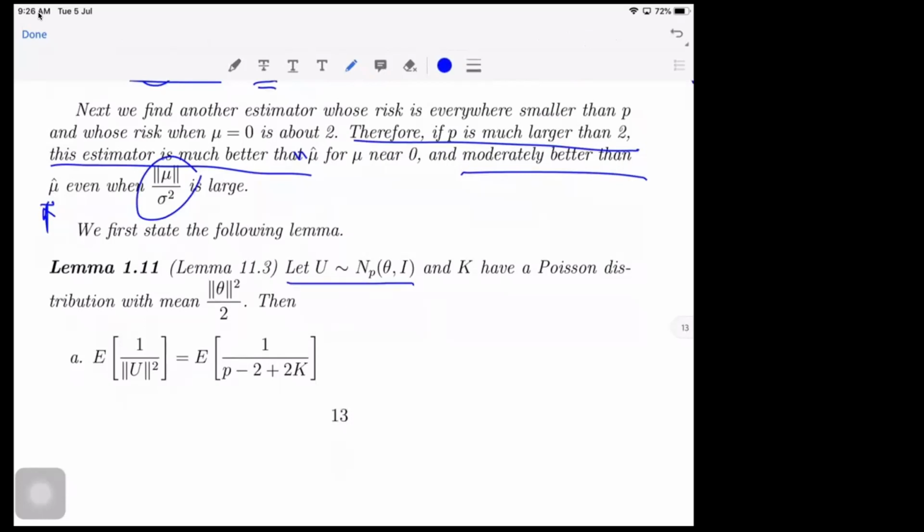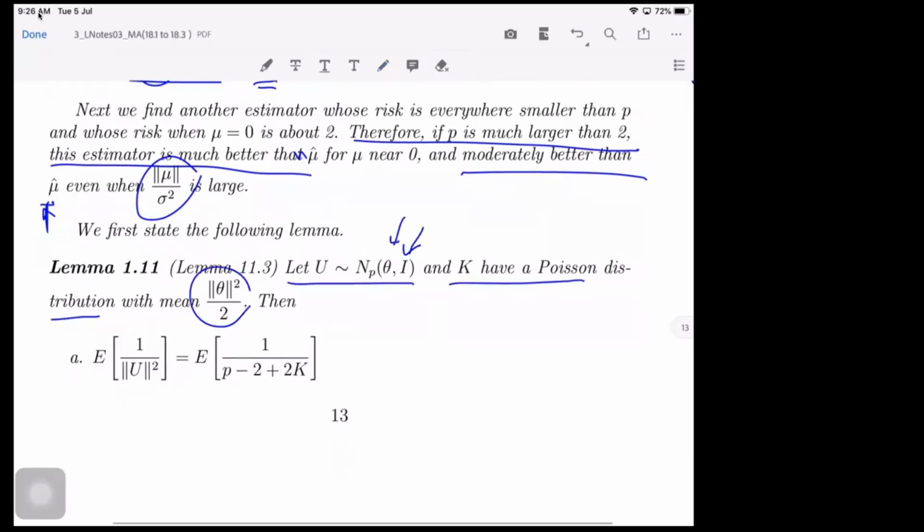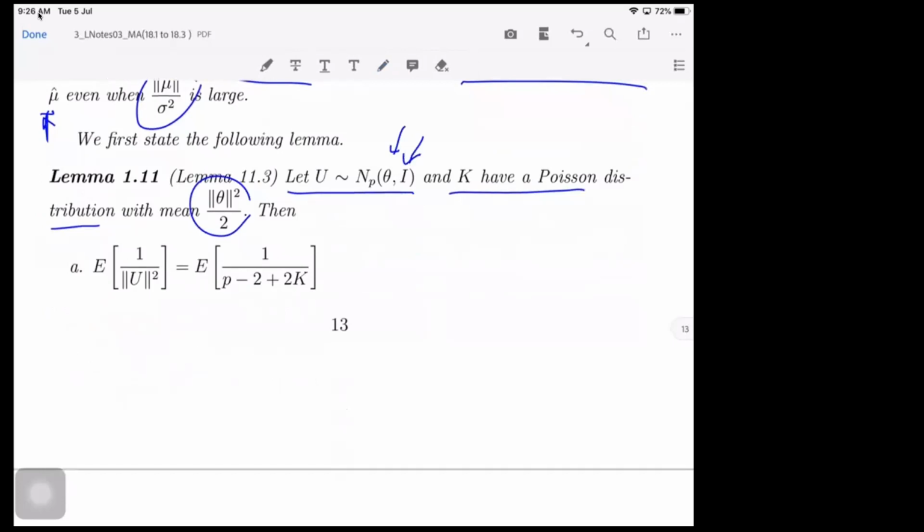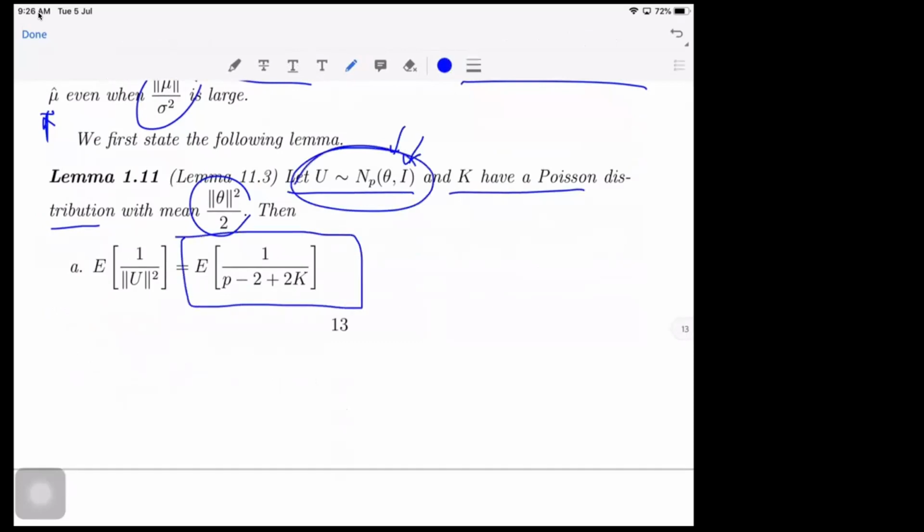If we have a U, which is normally distributed with a mean theta and covariance I, and K has a Poisson distribution with mean the squared norm of theta squared over 2, then the expected value of the inverse of the length of U squared will be equal to the expected value of 1 over P minus 2 plus 2K.